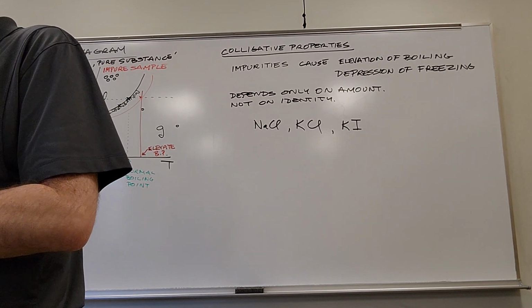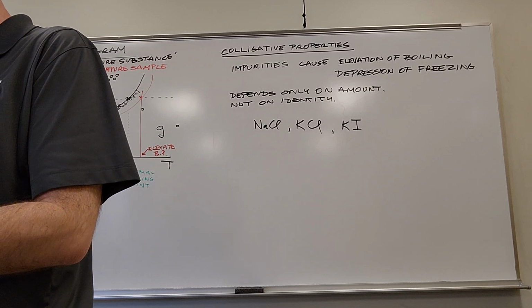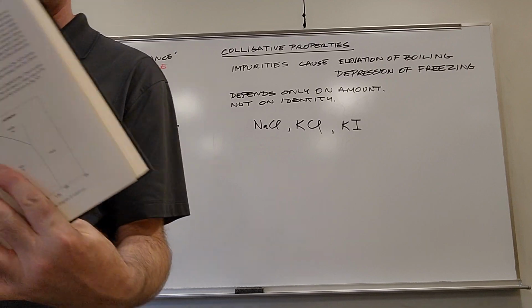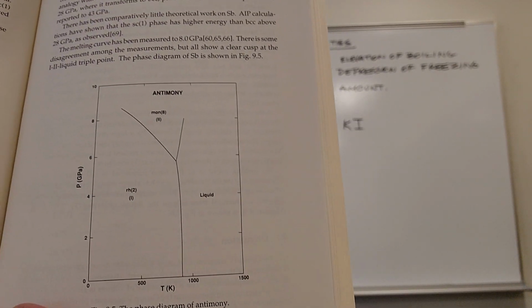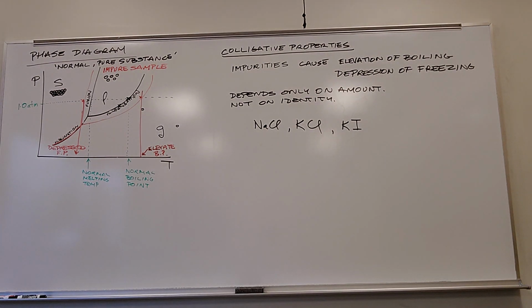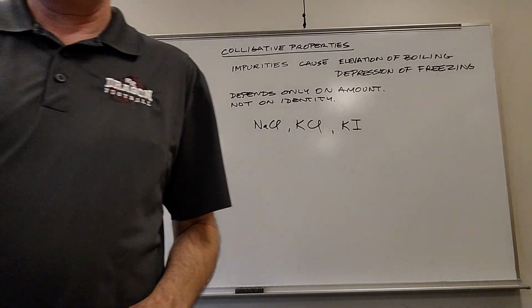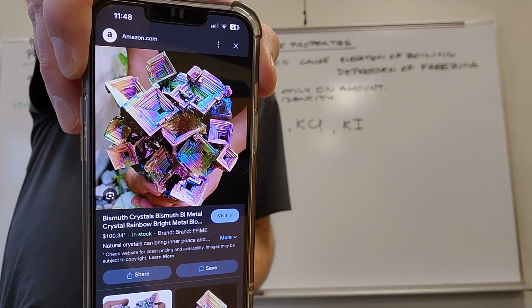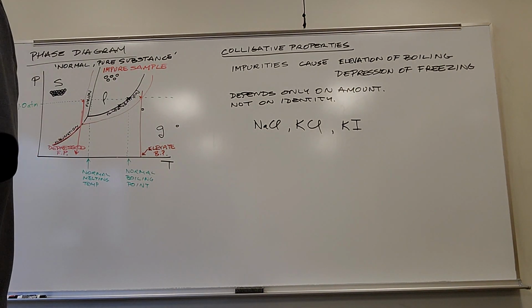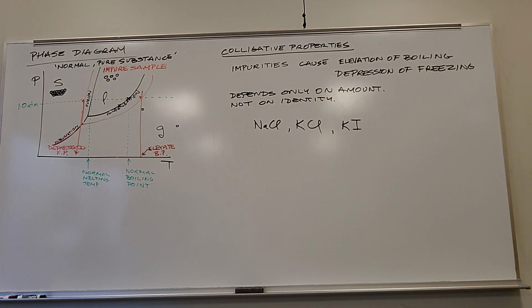If you did a quick Google search for bismuth, you would see it. And then something like antimony, nice and simple. Oh my goodness. Let me hold that up so the other camera can see it. That's what bismuth looks like. Polycrystalline. That's cool.